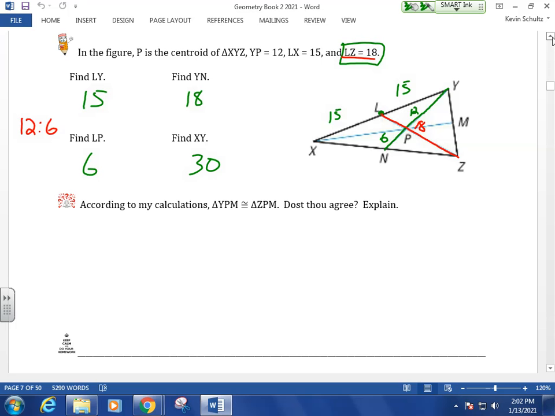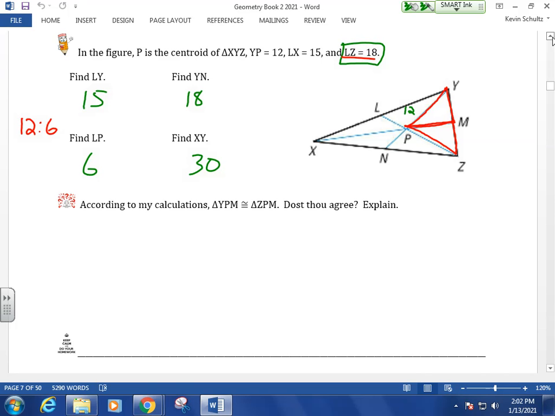Okay. According to my calculations, triangle YPM is congruent to triangle ZPM. So let's outline triangle YPM and ZPM. We know that this is 12.